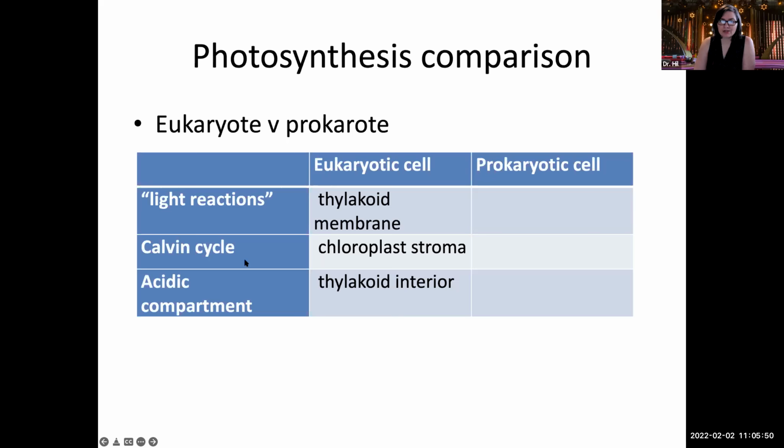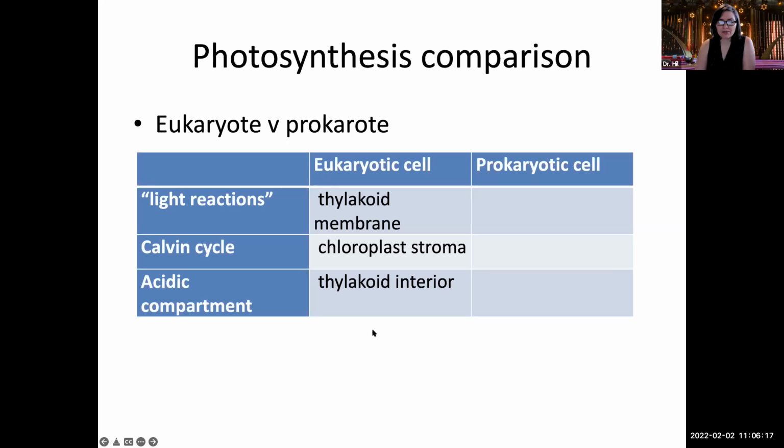The dark reactions of the Calvin cycle that take place in the chloroplast stroma of the eukaryotic cell are happening where in a prokaryotic cell? Right, they're happening in the cytoplasm.